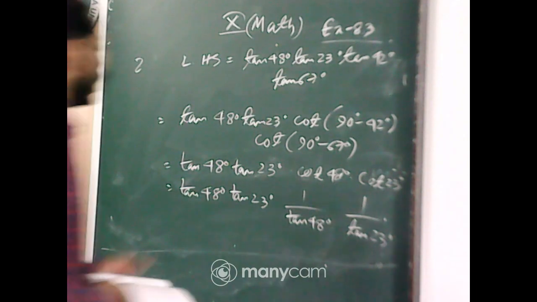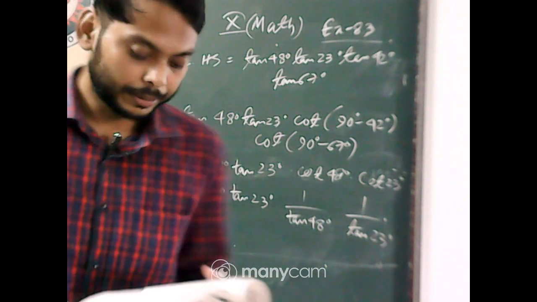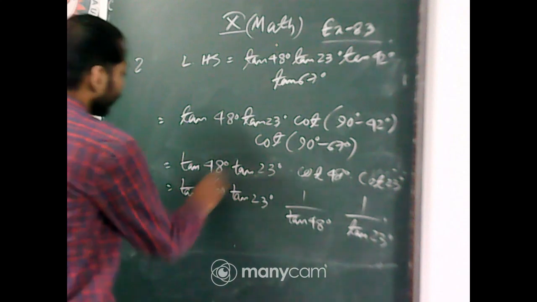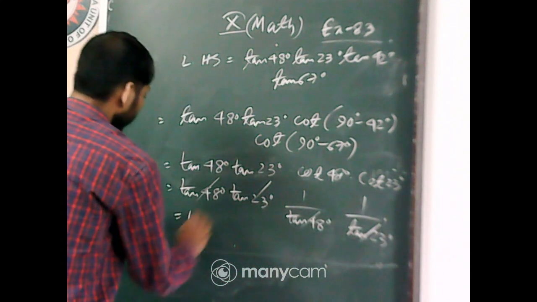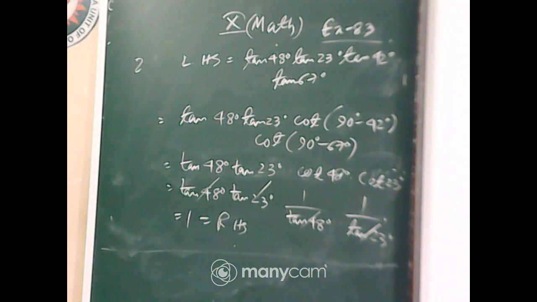Because there is a reciprocal relation between tan and cot. You know this relation. Now tan 48 and tan 23 cancel out. It will give you 1. That is the RHS. Is it clear?